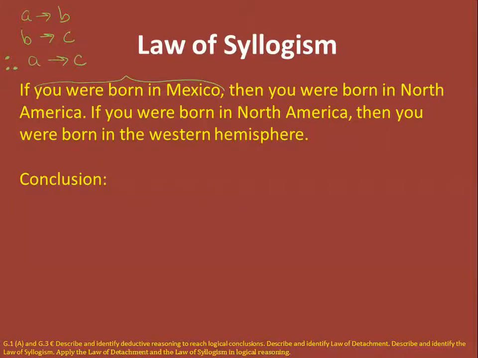So all we do is rewrite these sentences, okay? So here's A, then you were born in North America is B, you were born in North America again is going to be B, then you were born in the Western Hemisphere is C. So what you do now that you've identified what A, B, and C phrases are, you're going to take those two phrases, put them together to form your conclusion.